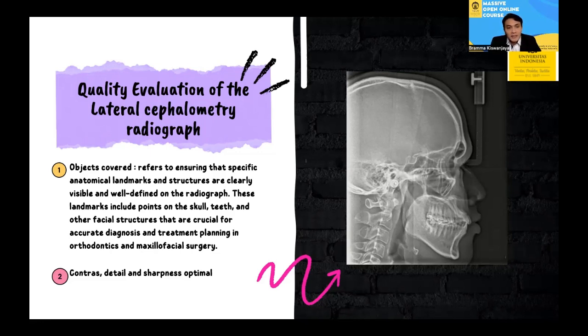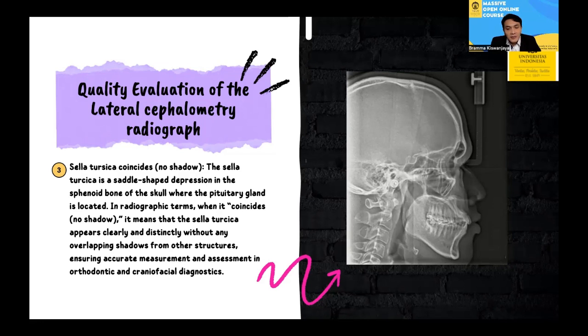The second one is that contrast, detail, and sharpness should be optimal. Let's now focus on specific anatomical landmarks. We'll discuss the importance of clear visualization of the sella turcica and the lower edge of the mandible. The sella turcica is a saddle-shaped depression in the sphenoid bone of the skull where the pituitary gland is located.